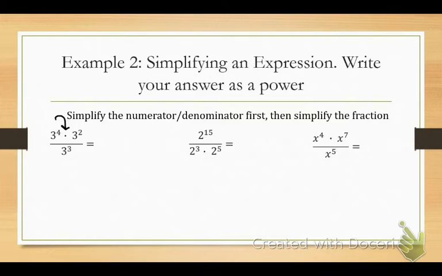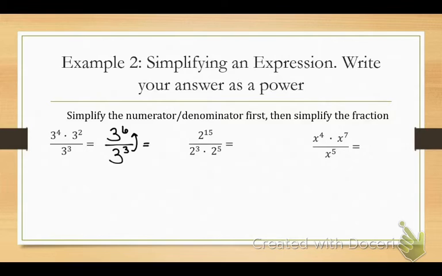So 3 to the power of 4 times 3 to the power of 2. When I add my exponents, what do I get? 3 to the power of 6. Now I have that over 3 to the power of 3. Okay? Now here's where I subtract them. And remember what happens when I subtract my powers.